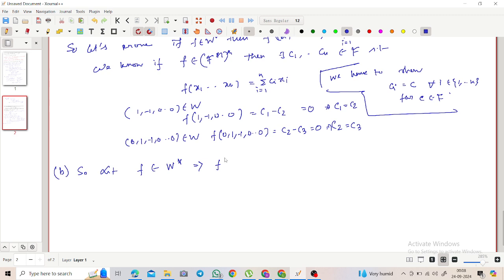How should I write it? Like f star is in W star star, right? Do you understand what f star is? Like the dual basis, I mean, f star is from W to F and is of this form. Like f star of c of f is c.